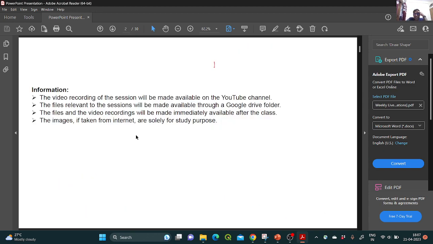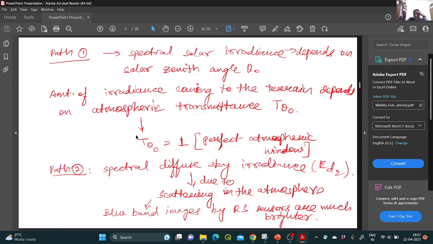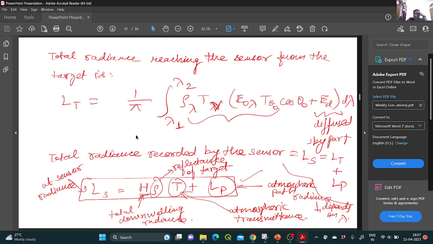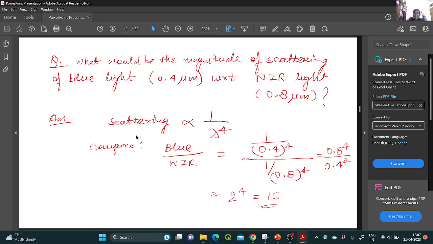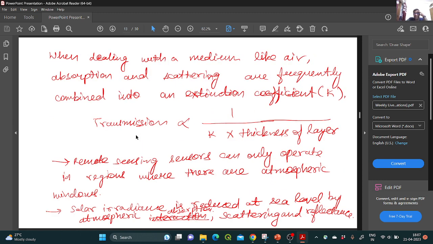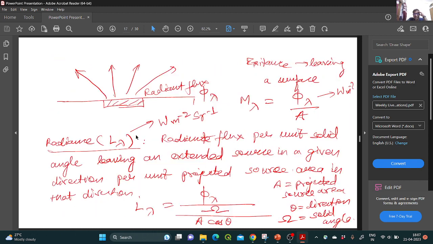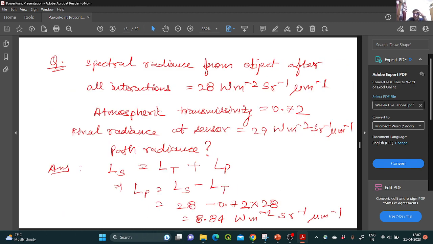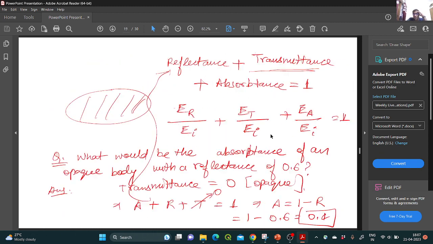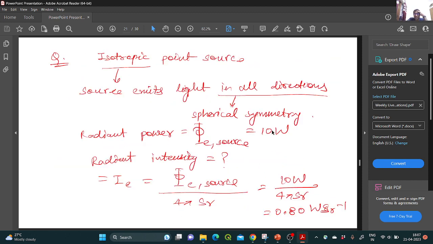We learned how absorption and scattering vary. What is path reflectance? What is downwelling radiance? We also learned about scattering and transmission through the atmosphere.